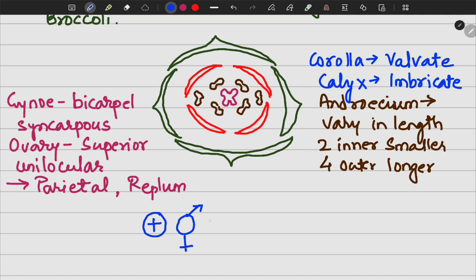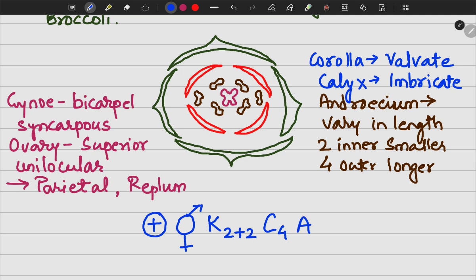Then we will write about the calyx, represented by K. We studied that it has 4 sepals and they show imbricate estivation, but these 4 are not similar. The 2 larger sepals overlap the 2 smaller sepals, so we will write it as 2 plus 2. Then we have the corolla, which has 4 petals, and they show valvate estivation, as they do not overlap each other.